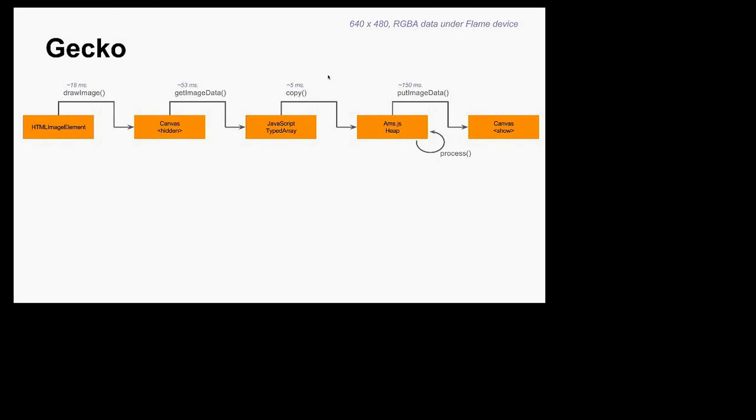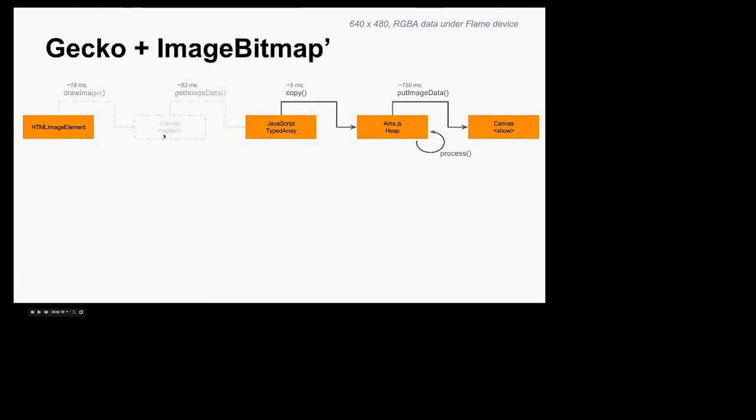So for the first question, can we skip this canvas element? Yes, the answer is yes. And we leverage the newly proposed web API called ImageBitmap. The ImageBitmap is originally designed as an opaque interface to its underlying image data. Okay. So we extended the ImageBitmap with an array buffer.